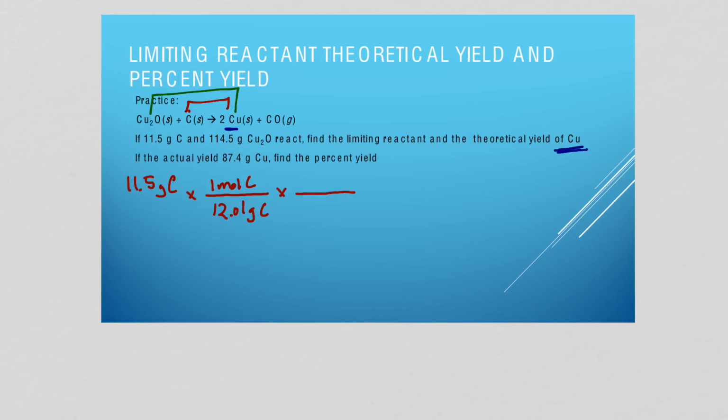So once we've converted the carbon into moles, we need to use our relationship in our equation to convert it into moles of copper. So if we look at our coefficients, for every 1 mole of carbon I react, I can make 2 moles of copper, right?